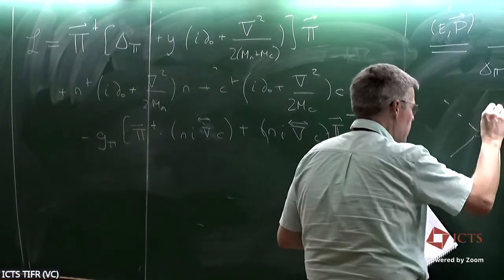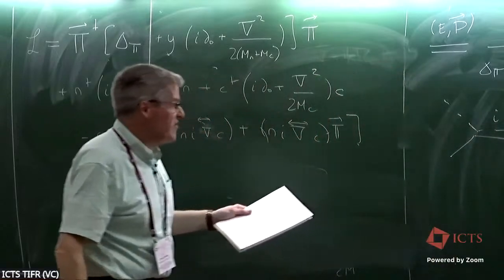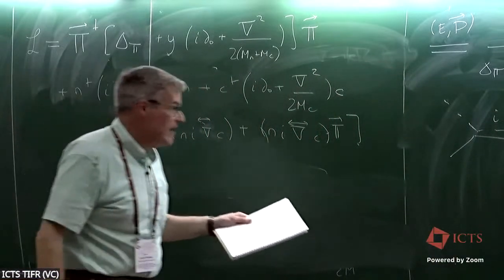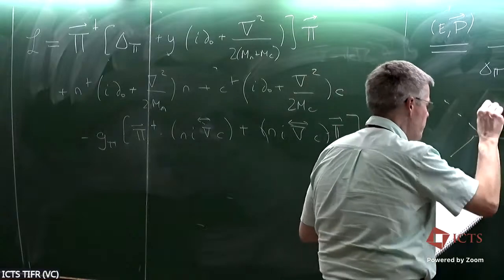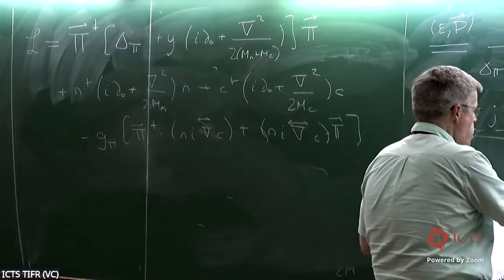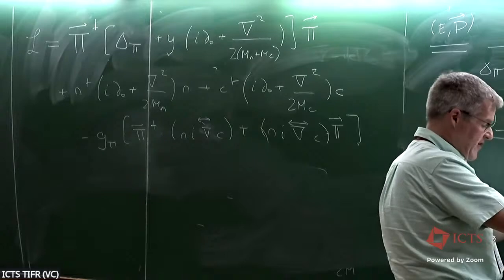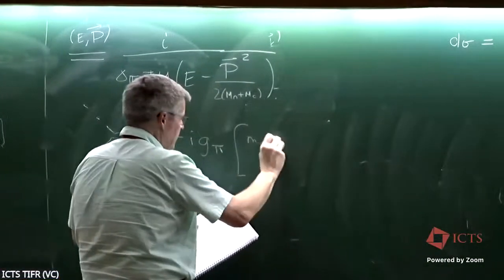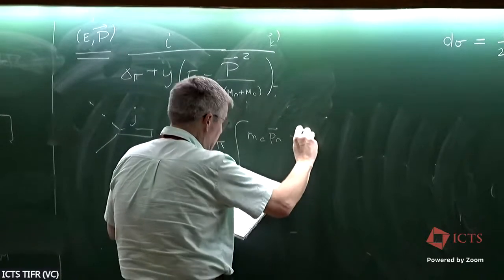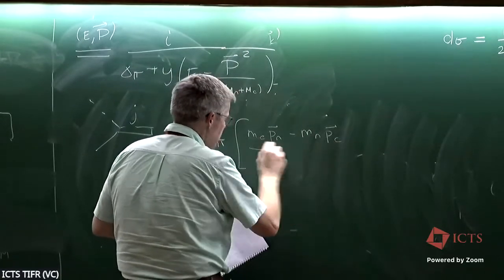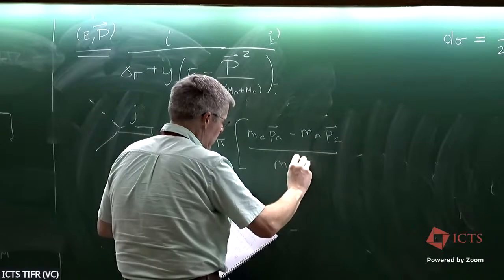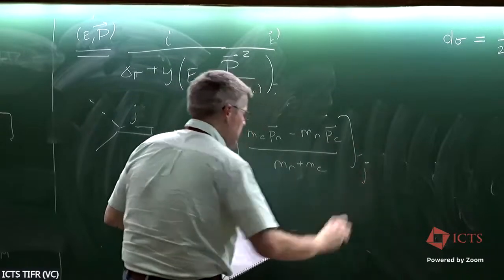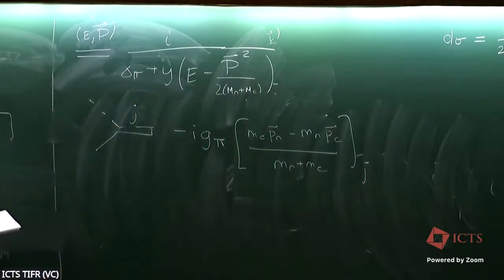And then here we have an object with polarization index I, let's say. Maybe I'll make it J so we don't get confused with the imaginary number. And this is minus I times g pi times (Mc Pn minus Mn Pc) over (Mn plus Mc), and it's whatever component we're interested in the dimer being.